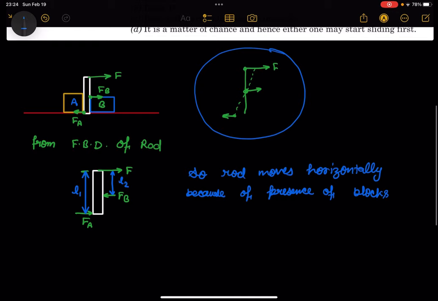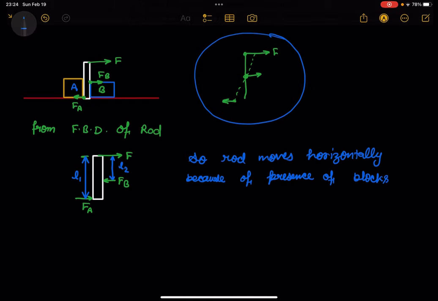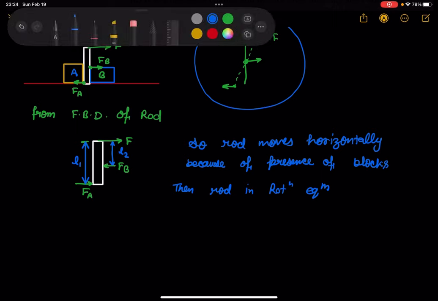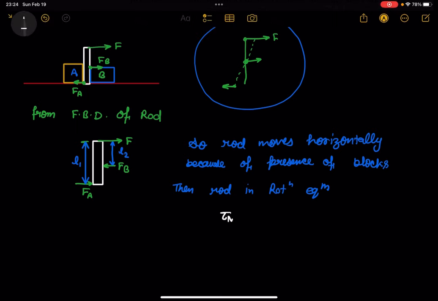It is in rotational equilibrium. Rotational equilibrium means the net torque on the rod is 0.